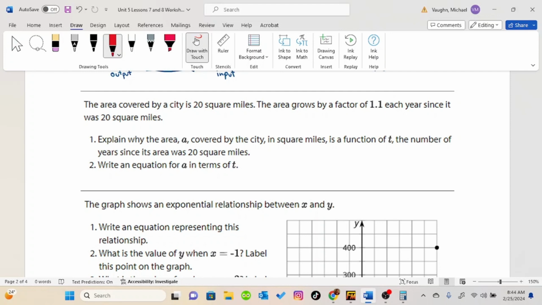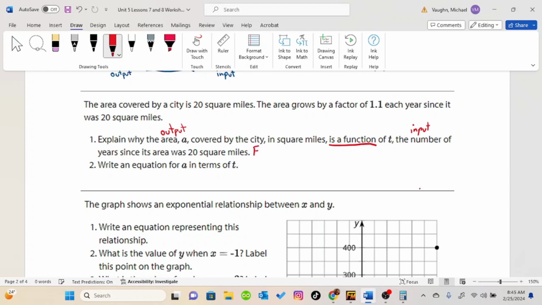So, is a function of means the area is the output and the time, the number of years, is the input. If I have a growth factor of 1.1, that means the area is increasing.